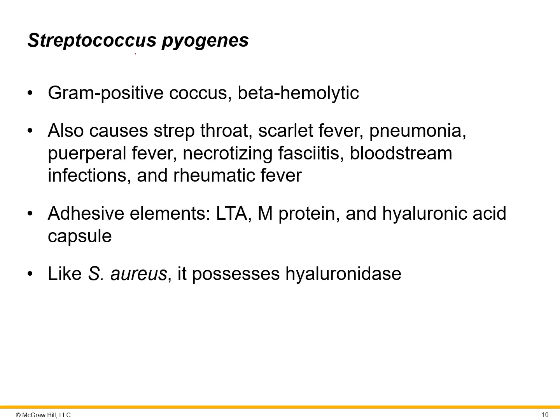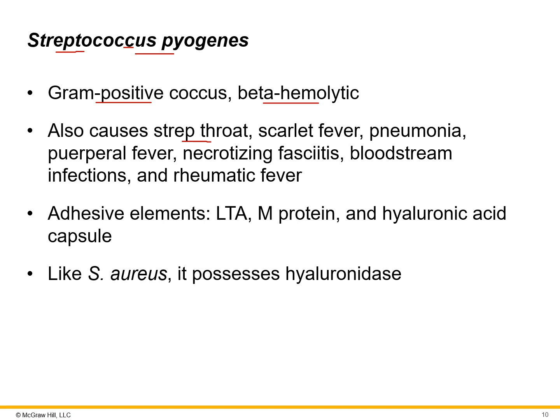Now, the Streptococcus pyogenes, the other one that can cause impetigo, is also gram-positive. Again, coccus tells us this, but instead of being a cluster, it's going to be a chain. We can tell by the naming there. It is beta hemolytic, meaning it can break down red blood cells. In addition to causing impetigo, it can cause multiple other diseases as well. Strep throat is a common one.